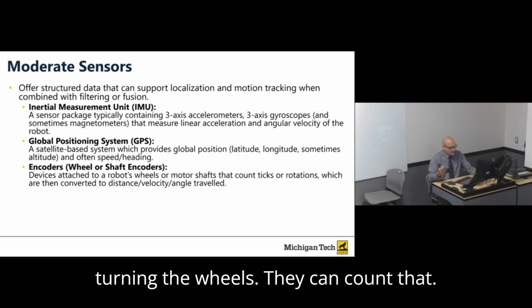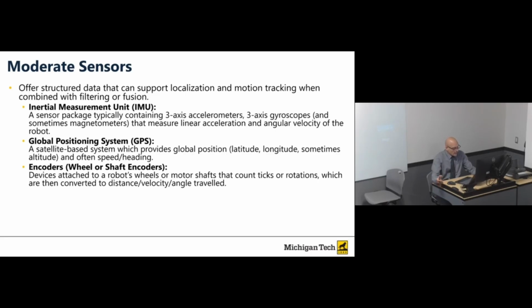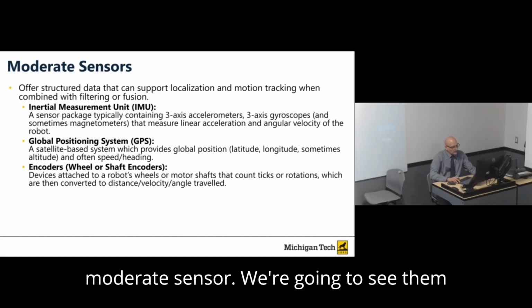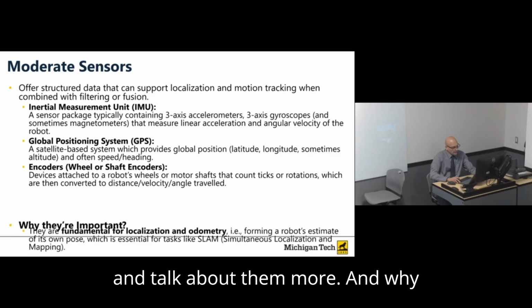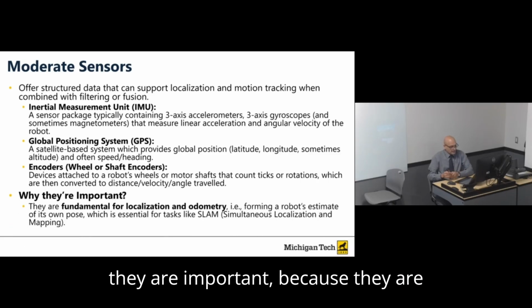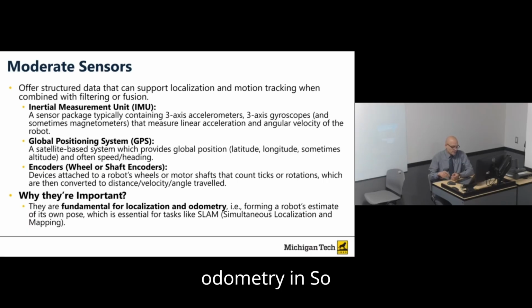They can count that. They use different ways to do that. So these kinds of sensors are called motion sensors. We're going to see them and talk about them more. And why are they important? Because they are fundamental for localization and odometry.